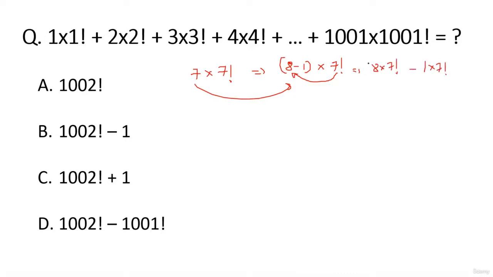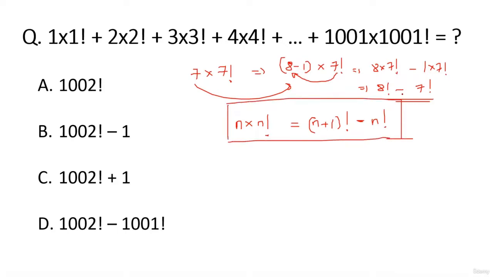As we saw, n into (n minus 1) factorial is n factorial, so this part is nothing but 8 factorial minus 7 factorial. Always remember that n into n factorial is (n plus 1) factorial minus n factorial. You can remember this as a standard.